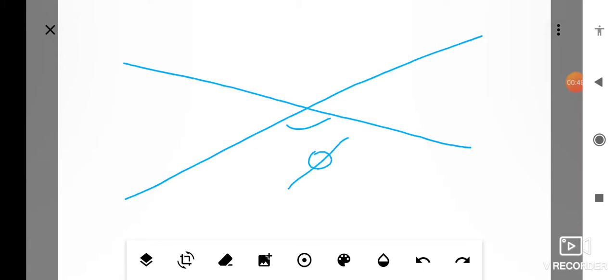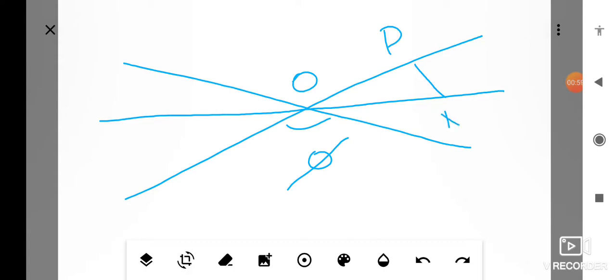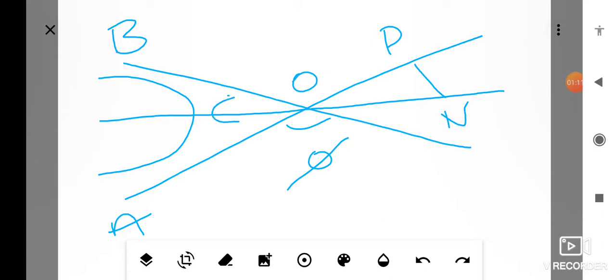Call this as O. Draw the perpendicular PN. This one is B, A, C point. Here this one is B dash. Here A dash.